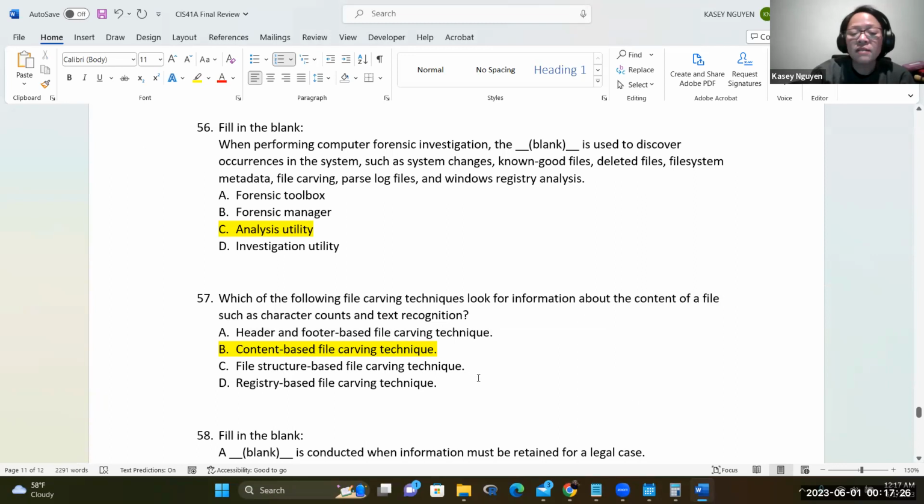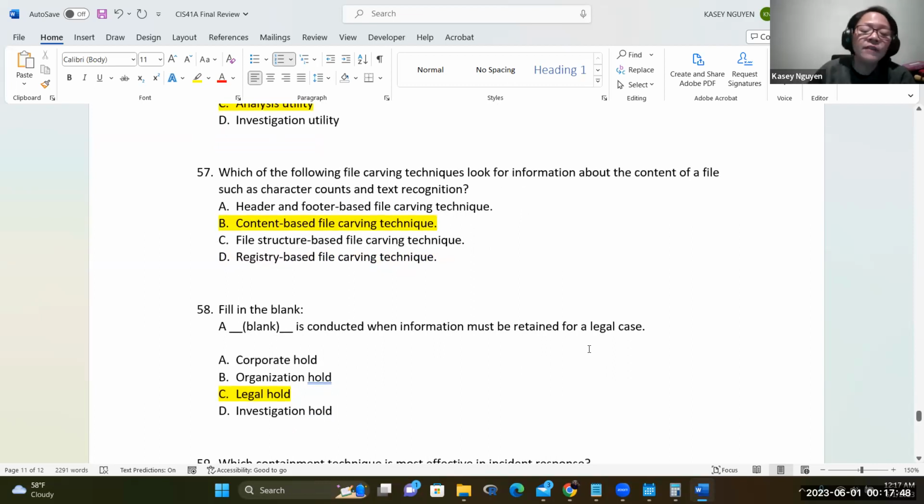File structure-based carving is looking at the file system and the file structure itself. And registry-based is looking at the registry hive. So B is the option for number 57, as the question asks you for the content of the file.